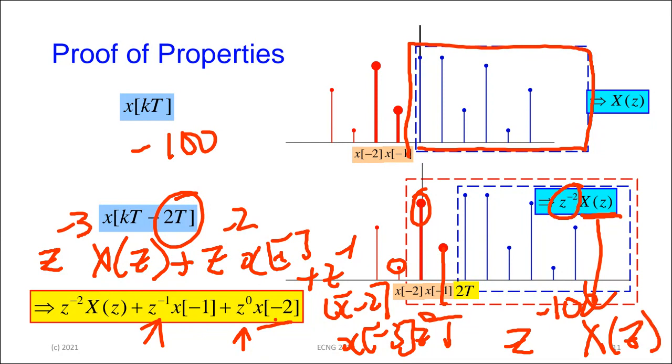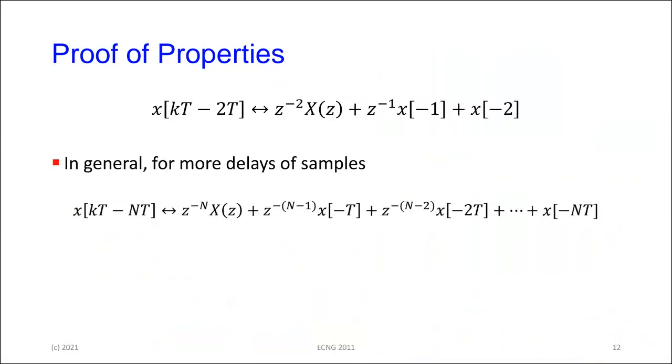But the 100 other values on this side that came in would have had a z to the minus 99 by the first one, a z to the minus 98 by the second one, a z to the minus 97, etc., until we get the remaining 100 pieces that came in because of that shift. Make sense? Just a graphical approach. Just think about it graphically.